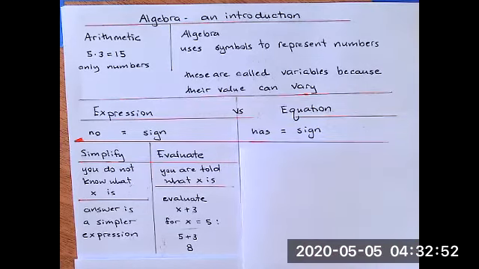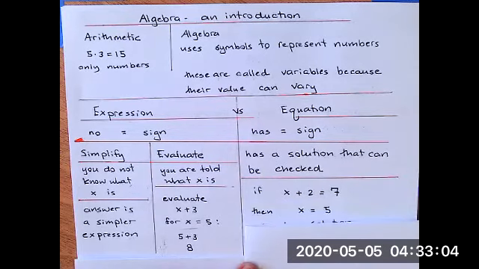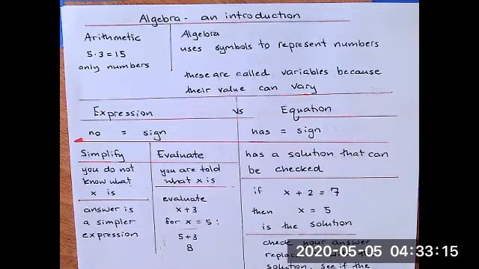When you're solving an equation, you get a solution that can be checked. So if x plus 2 is equal to 7, the solution is x equals 5. How do you check it? You put your answer where you see the x and check to see if the left-hand side is equal to the right-hand side.